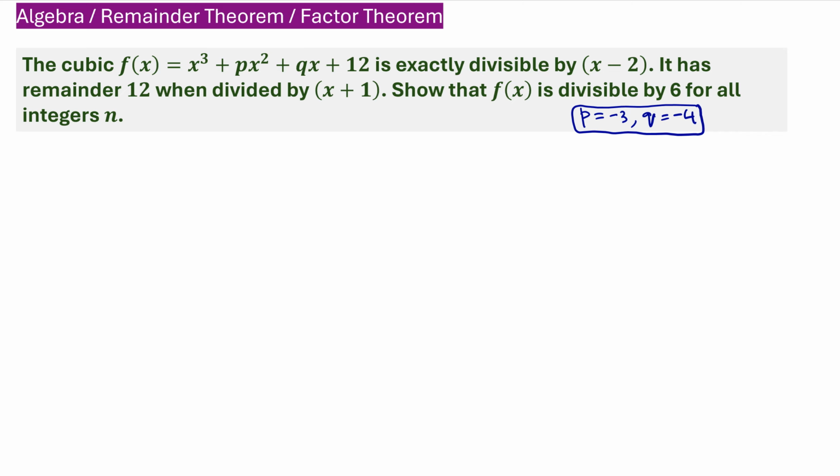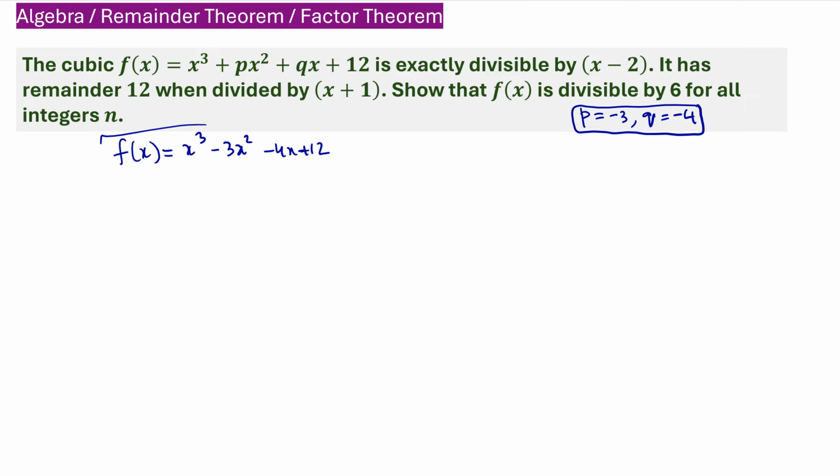We can write f(x) as equal to x cubed plus px squared, so that's minus 3x squared, and then plus qx, so that's minus 4x, plus 12.